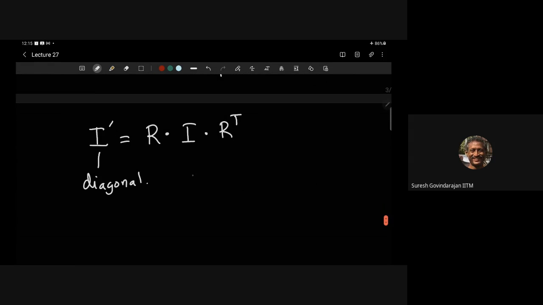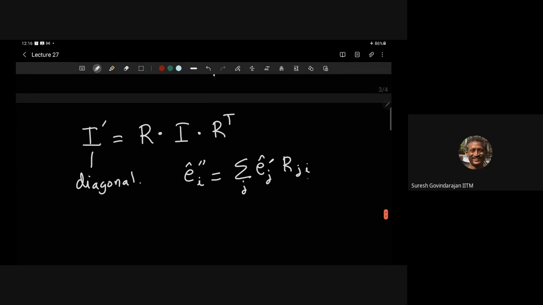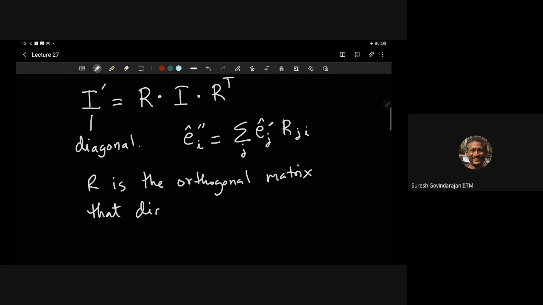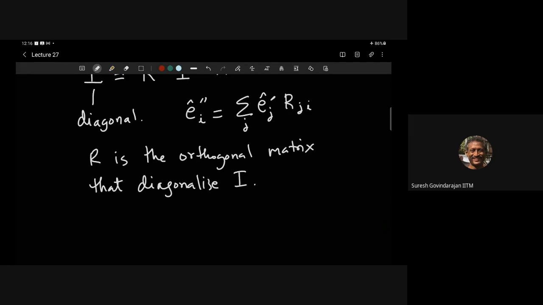It says there exists e_i double prime given by R or R transpose, I'm slightly confused, but this R is the special orthogonal matrix that diagonalizes it. And we know this can happen for symmetric matrices.